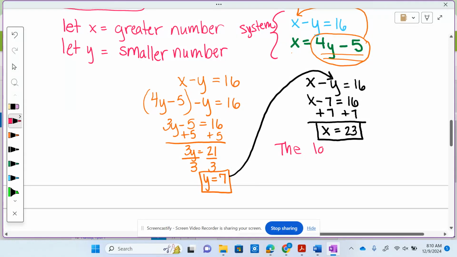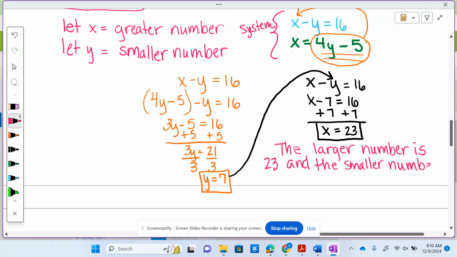The larger number is 23 and the smaller number is 7. The larger number is 23 and the smaller number is 7.